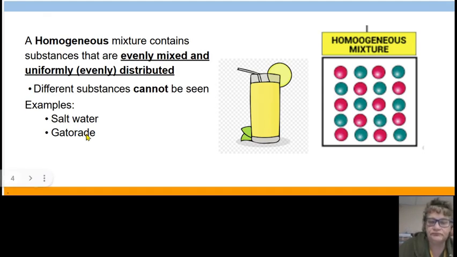Gatorade. Gatorade is a bunch of different substances. You've got coloring, you've got electrolytes, you've got water, you've got syrup, stuff like that.